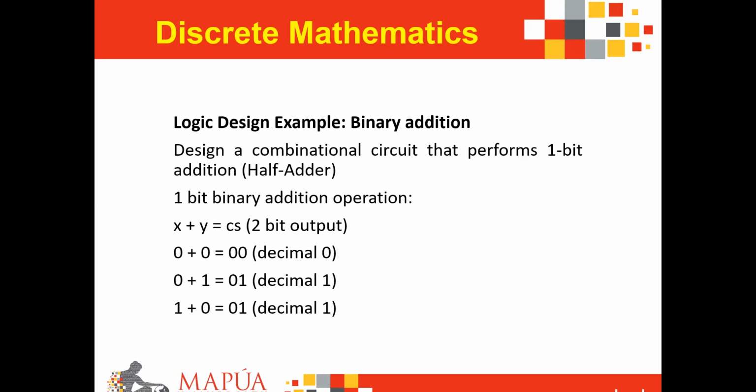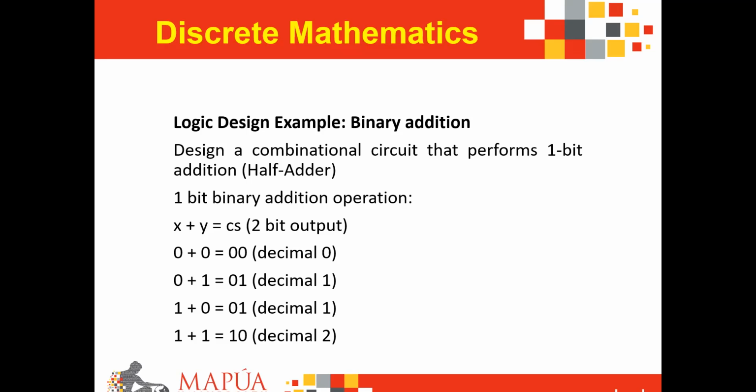And finally, you could have an input of 1, 1, whereby your answer should be equivalent to the binary value of 2, which is represented in 2 bits as 1 and 0. Notice that in order to perform this, you simply add 1 with 1, and the sum would be 0, and you carry over to the next higher power of 2 position, or the next place value of 2, the value 1.